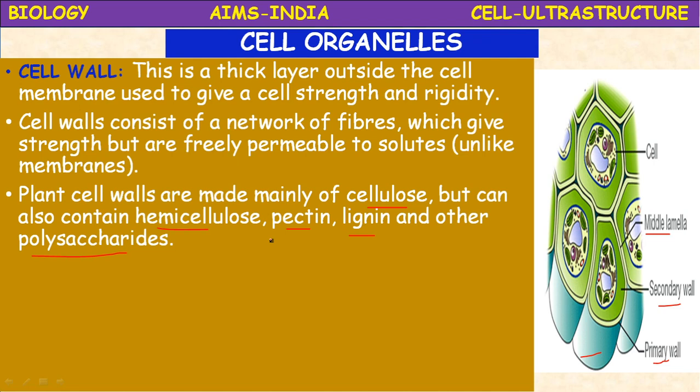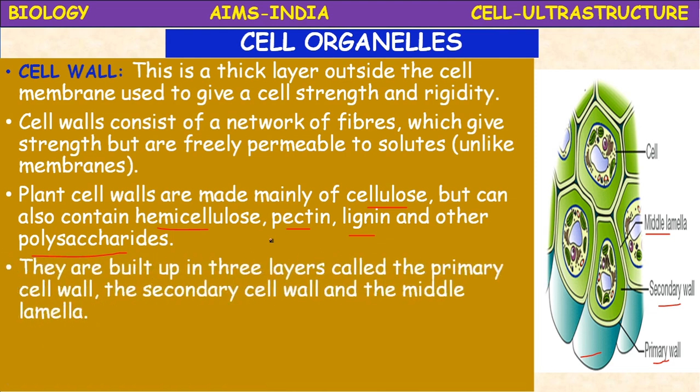Different parts of the plant cell wall are composed of different chemical substances. One is common, that is cellulose. Polysaccharides means the complex carbohydrates. Cellulose is a polysaccharide only.